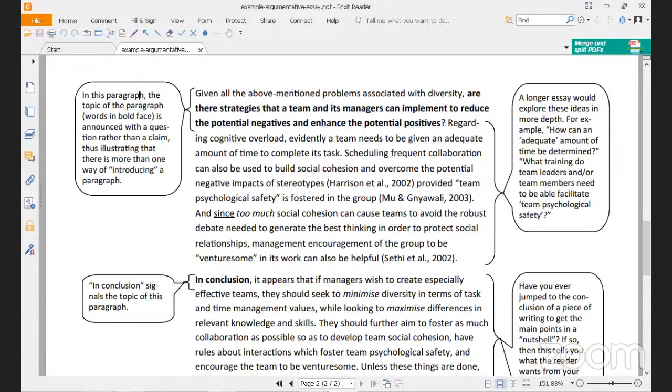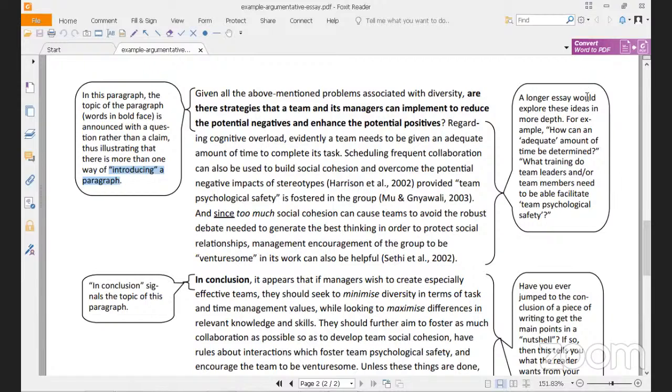In this paragraph, the topic of the paragraph, the words in boldface, is announced with a question rather than a claim. This illustrates that there is more than one way of introducing a paragraph. Yes, I'm not only gonna say facts, but I'm gonna say, okay, you have a question, I have a question too, but I can answer that question. And I know what question you are thinking about. I'm gonna put it. So this is smart thinking.